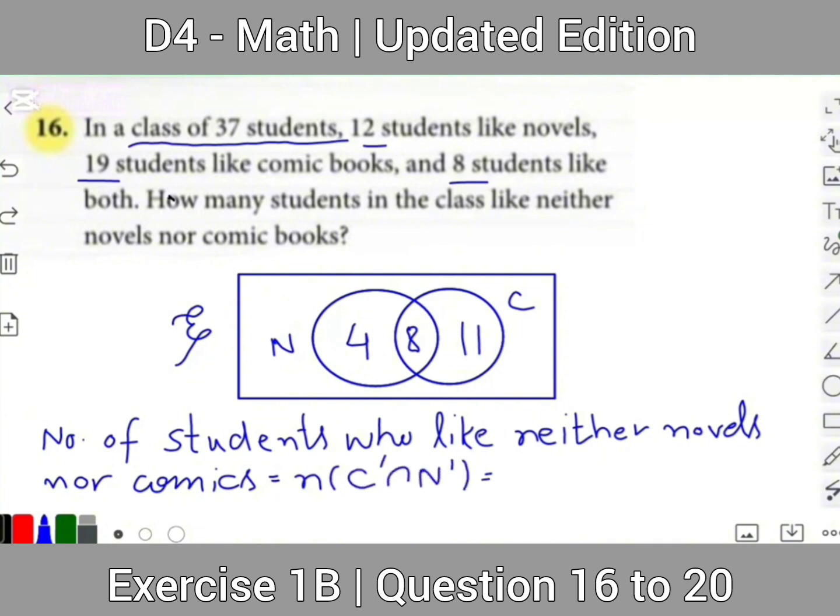We will simply take away the number of students who like only novels, the number of students who like only comics, and the number of students who like both from the total. And after simplifying, we will get 14. So the number of students who like neither novel nor comic is equal to 14. And we will write down 14 in the universal set in the Venn diagram.